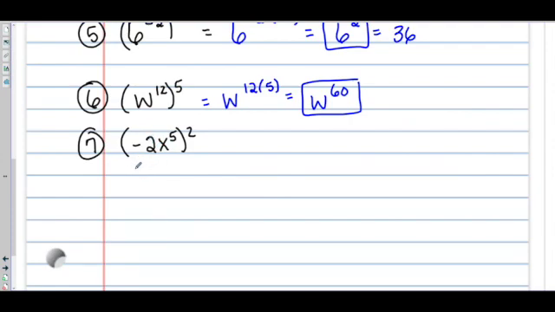So you have negative 2 to the 2nd power, and then you have x to the 5th power, and because it's power to a power, you multiply the powers. And now we're going to evaluate. Well, negative 2 to the 2nd power is 4. And then here, when you multiply the powers, you end up with x to the 10th power. And we are done.